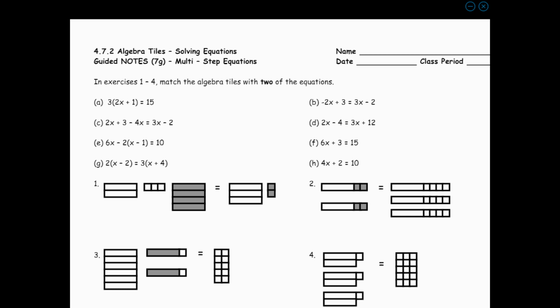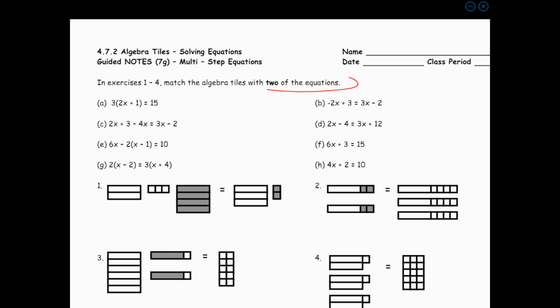So on here, the very first thing is we're matching the two equations. This is not anything new. It's just a reminder about the distribution. What does that number out front of the parentheses mean? Multiplication. So we have to multiply by everything inside there.